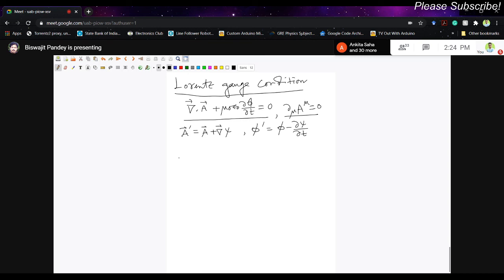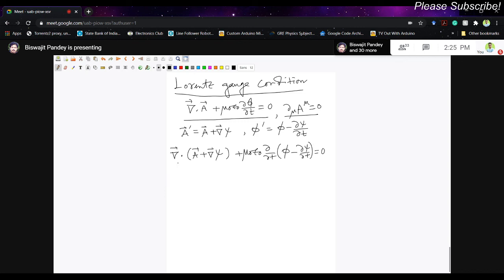So what do we get? If we put them here, we get divergence of A plus grad psi plus mu naught epsilon naught del del t of phi minus del psi del t equal to 0. This is the Lorentz gauge condition.